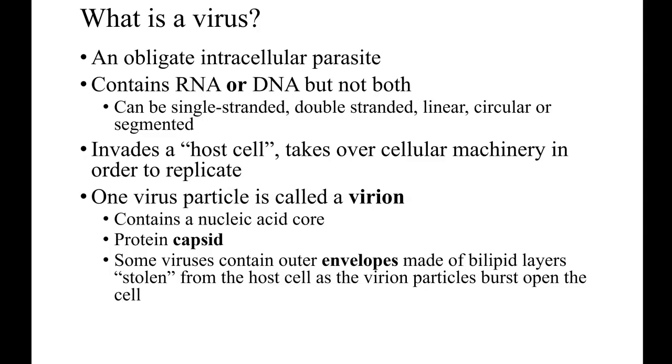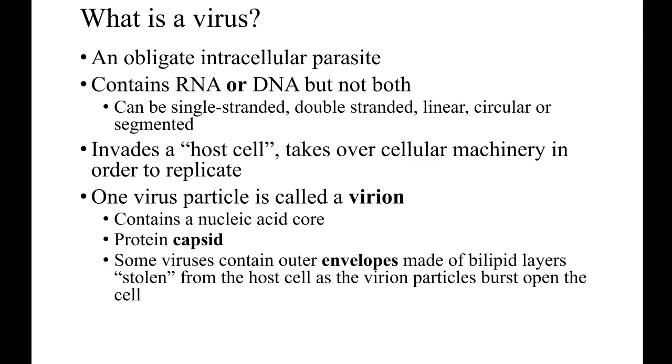I talked about the nucleic acid core being either RNA or DNA. Around that nucleic acid, there is a protein capsid, and this protects the nucleic acid. Some viruses have an envelope; not all viruses do, and that envelope is made of lipid bilayers, like the ones on our cell membranes. The envelope is actually stolen from the host cell as the virion particles escape.